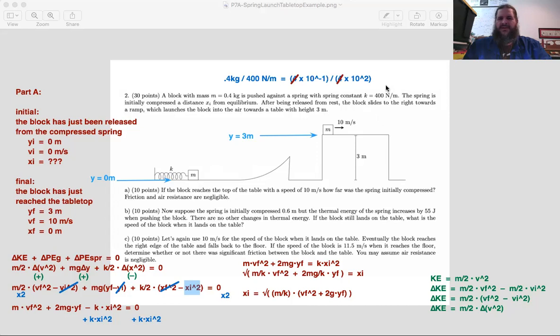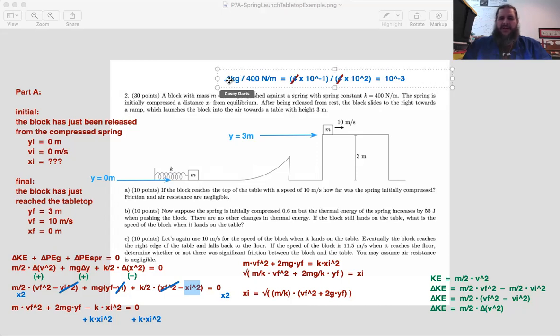Yeah, we can subtract the exponents. 10 to the negative 1 divided by 10 to the 2 equals 10 to the negative 1 minus 2, which is negative 3. So this whole thing for the mass over the spring constant reduces to 10 to the negative 3. We should also keep track of the units.